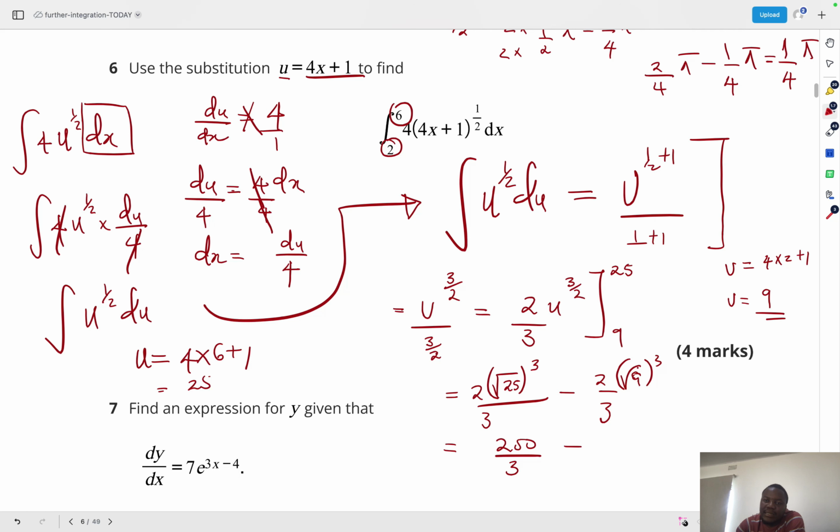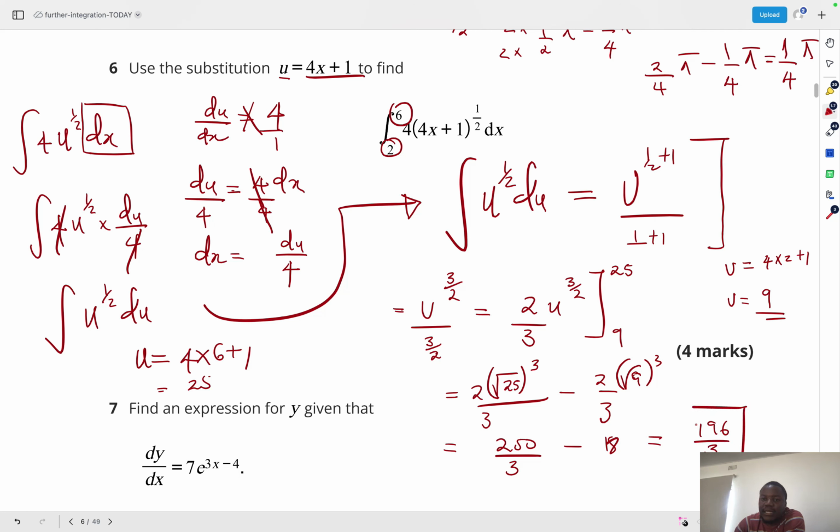Minus, 3 cubed is 27, 27 divided by 3 gives 9, times 2 gives 18. So the whole lot gives us the answer 196 over 3.